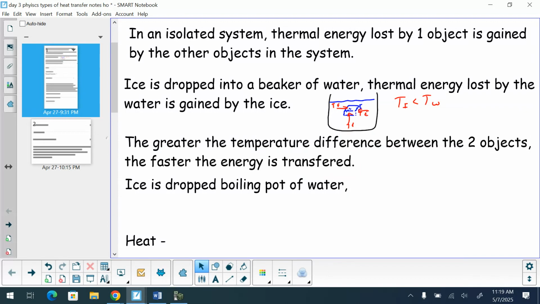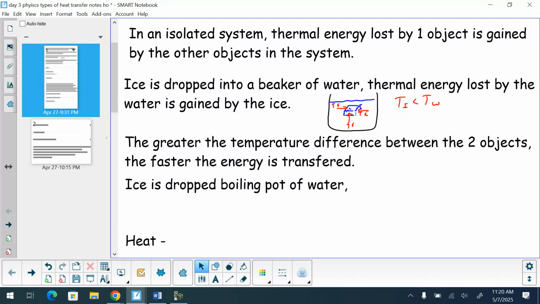The greater the temperature difference between the two objects, the faster the energy will be transferred. Okay, so you'll have a rate of energy being transferred. If you go to your spigot and get hot water out and put it in a glass, you fill up a glass of hot water and then you put an ice cube in that water, it will melt faster.